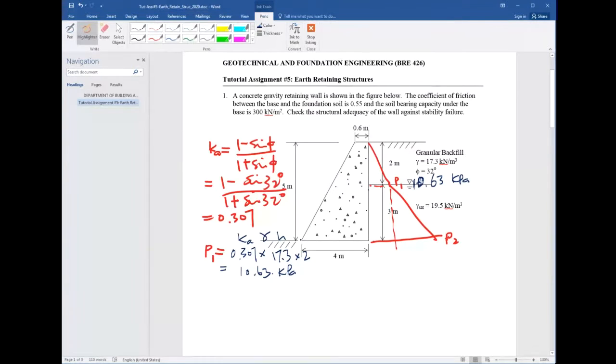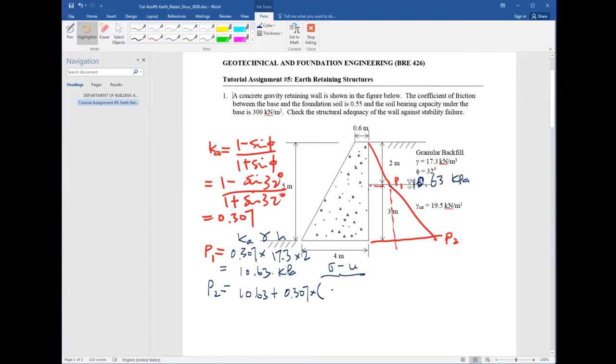Now what about P2? Well, it's equal to, on top of P1, you have the Ka times what? The total stress minus U, right?